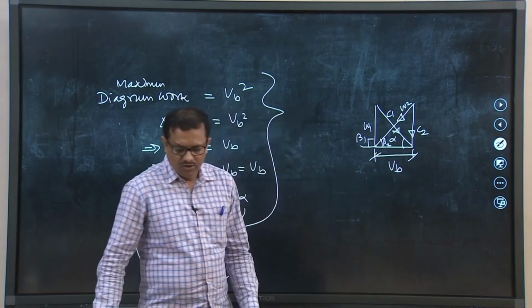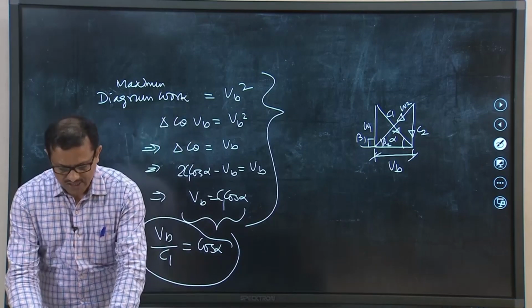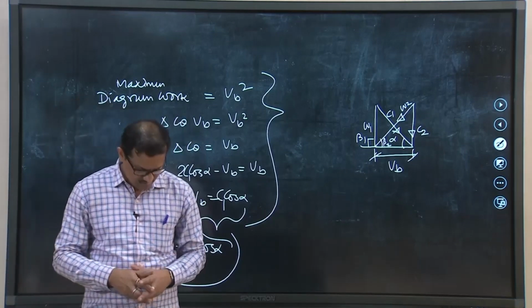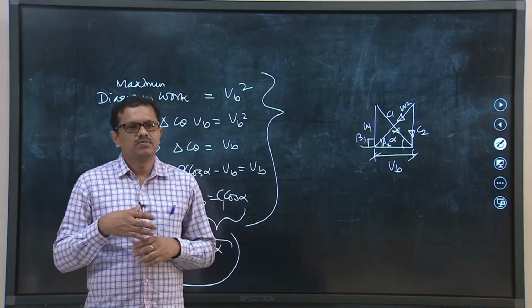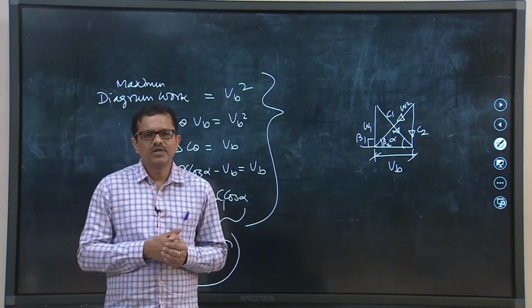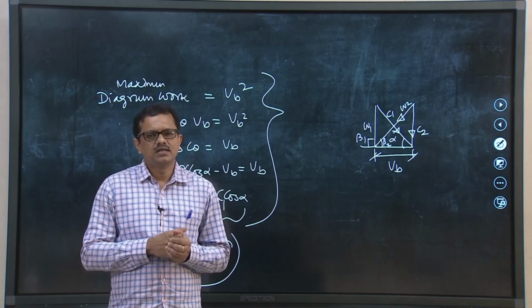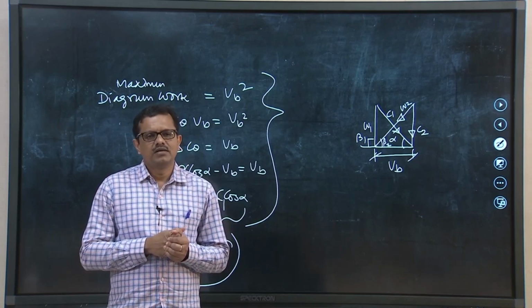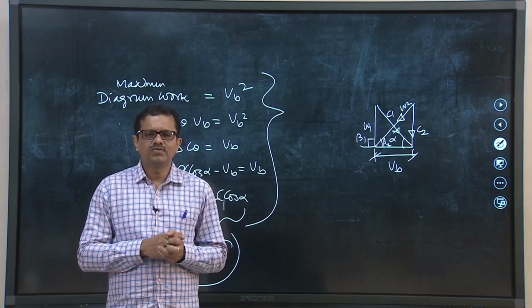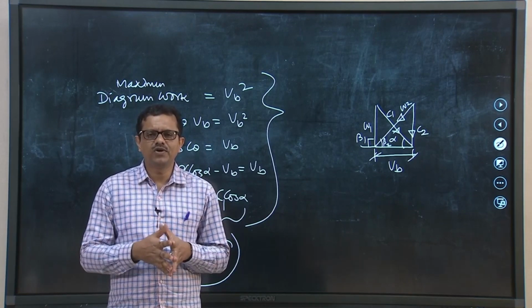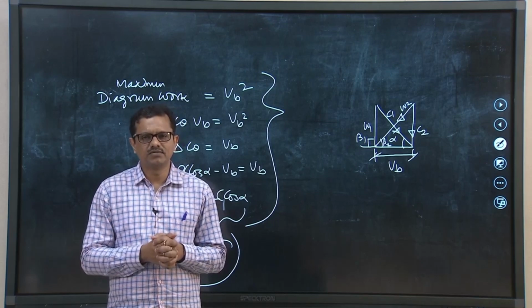Okay. So, to summarize, today we have discussed the reaction turbine. From the velocity triangles, we have tried to estimate the diagram work, tangential thrust and finally diagram efficiency. We have quantified the optimum ratio for which the diagram efficiency is maximum.